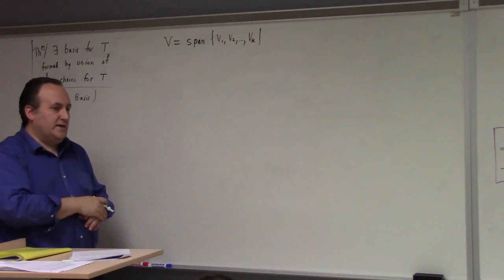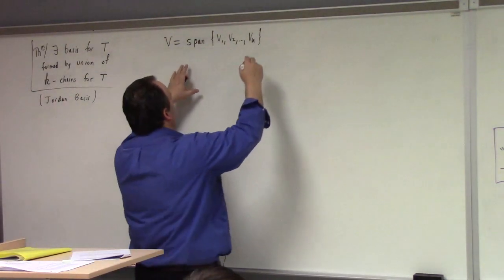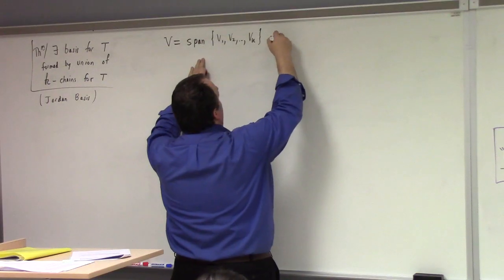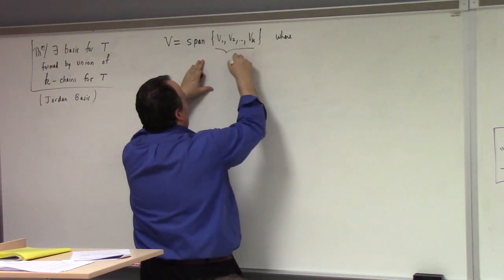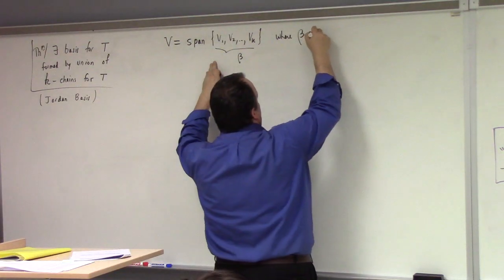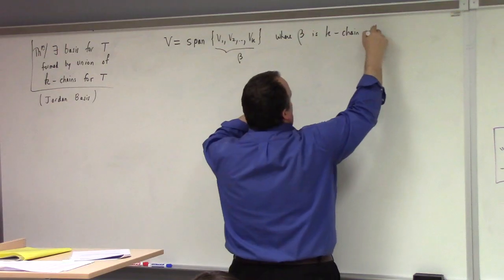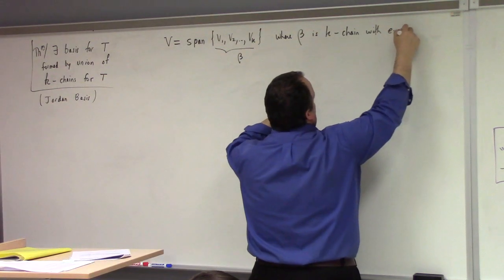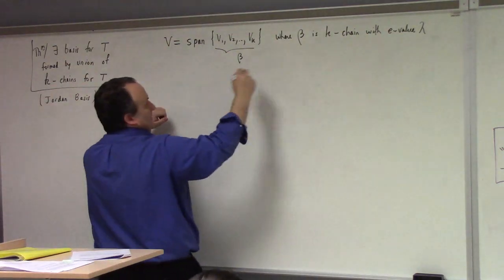If we take this particular case, it's instructive. So here, beta is a k-chain with eigenvalue lambda, for T, of course.